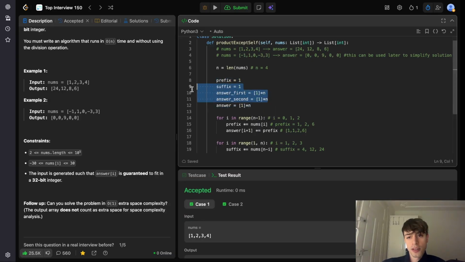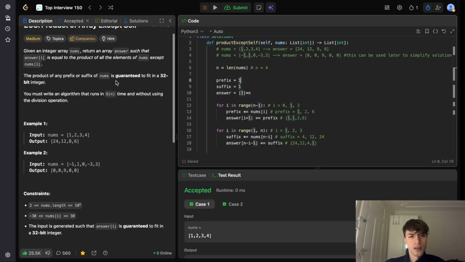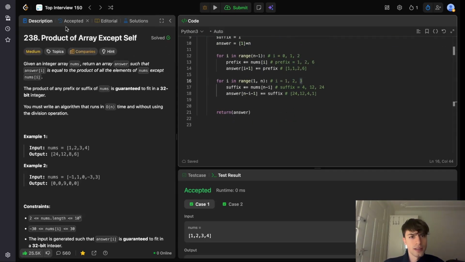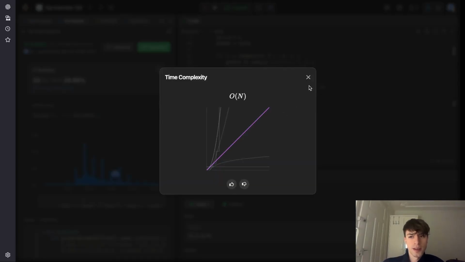But this is not needed anymore, but we still have answer. Well, answer is the output array. I'm using prefix, I see, but prefix just takes O(1) of memory each time, because you just have to store two elements, prefix and suffix. But this is already an O(1) solution. I think it's already an O(1) solution in space.